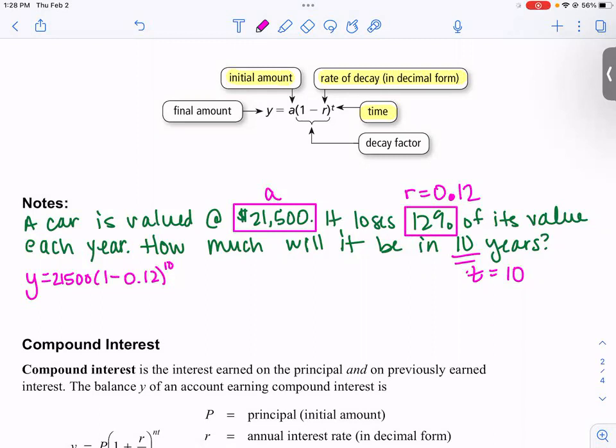Okay, so we have 21,500 times the quantity 1 minus our rate of 0.12, raised to the 10th. Now, this is what you're thinking, Elliot. We need to take 1 minus 0.12. Well, that would be 0.88.